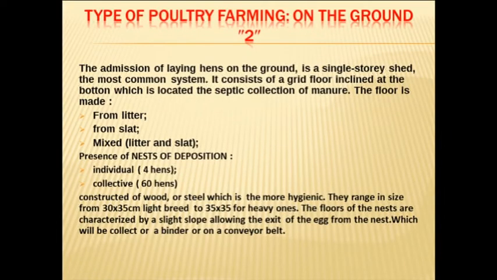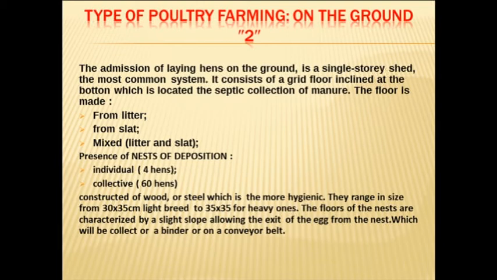Type of poultry farming: on the ground, 2. The housing of laying hens on the ground is a single-story shed, the most common system. It consists of a grid floor, inclined, at the bottom of which is located the collection of manure. The floor is made of litter, slat, or mixed, litter and slat.